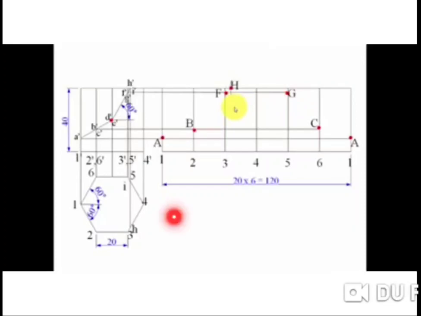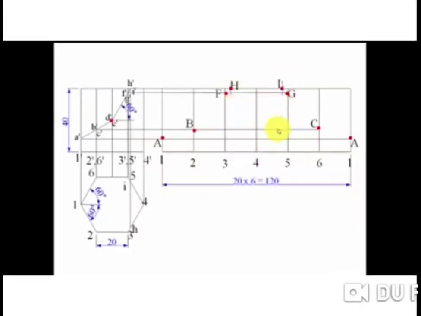Keep the metallic pointer of the compass on point 4 and the pencil pointer on the point I. Take that distance and move to the development where we keep the metallic pointer on 4. This is the 4 line here. Mark here, and we will obtain the I point.